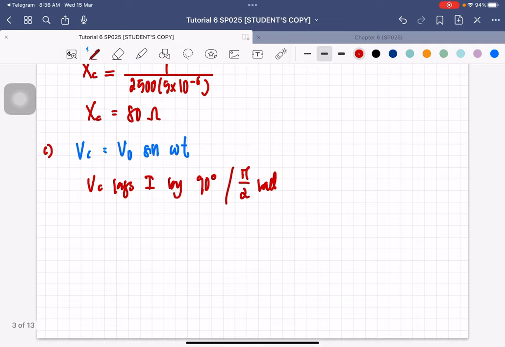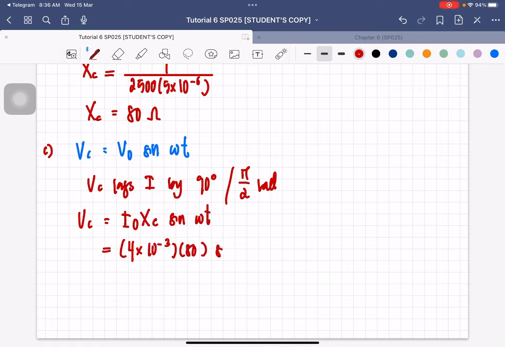So what I'm going to do is find the peak voltage across the capacitor. That is just I naught times the capacitive reactance. This is sine omega t still, okay? So this will then be 4 milli, capacitive reactance is 80 ohm, sine 2500 t.